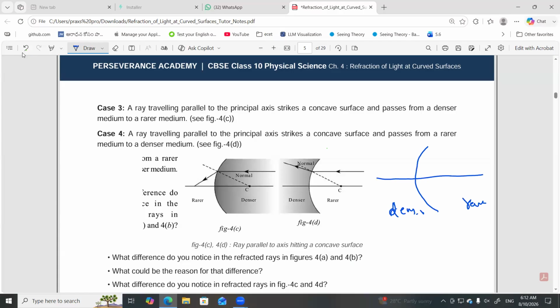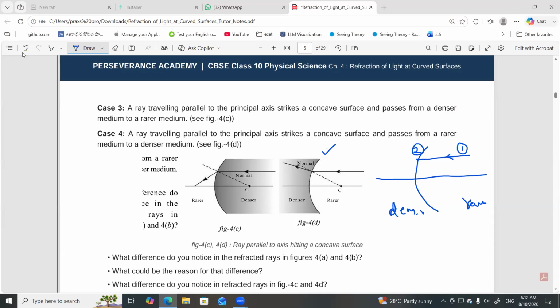Now, light ray at concave surface, remember, is going parallel to the principal axis. First point: the light ray is going parallel to the principal axis. Second point: meeting the concave surface.